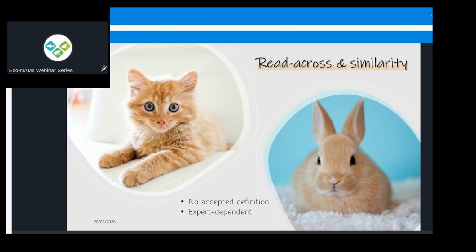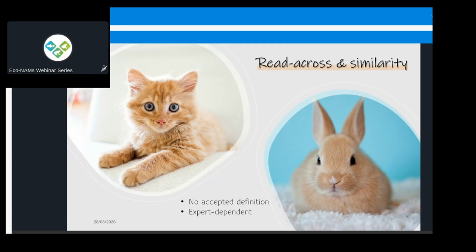In addition, read-across is usually made by human experts manually. So different human experts may have different backgrounds. I don't know, a chemist and a biologist have different backgrounds, may have access to different information, different databases, may give different weights to the same parameters.